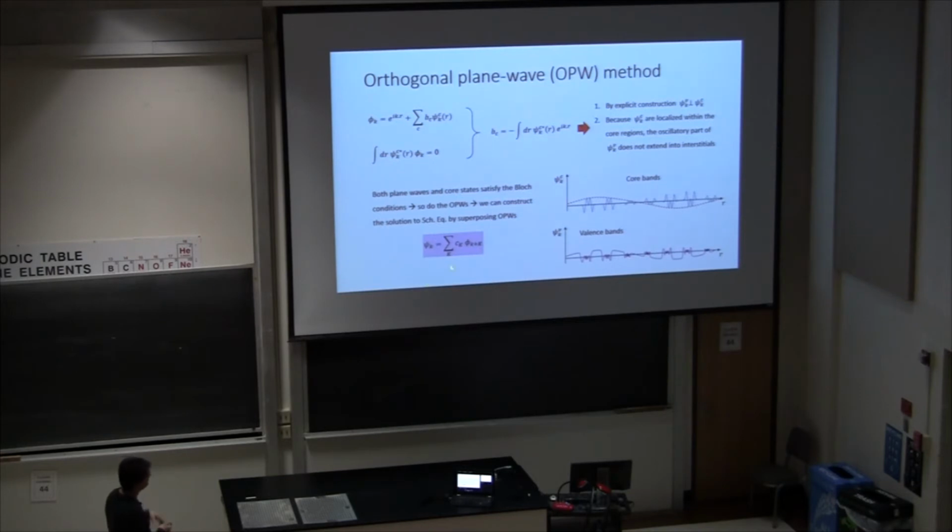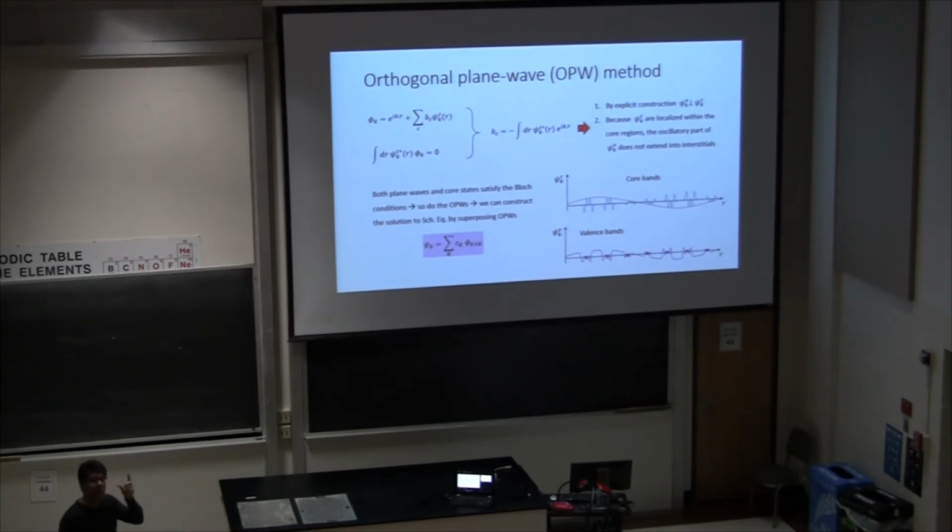And again, this part has the same problems as you had in the augmented plane wave. This sum can have a large number of terms, but you usually don't sum over an infinite number of terms. You always terminate it at some point.